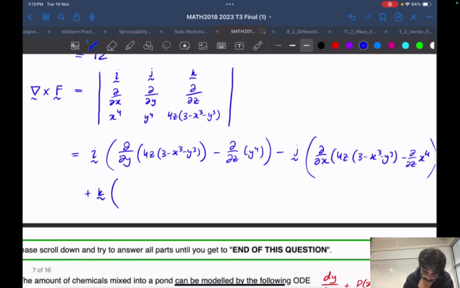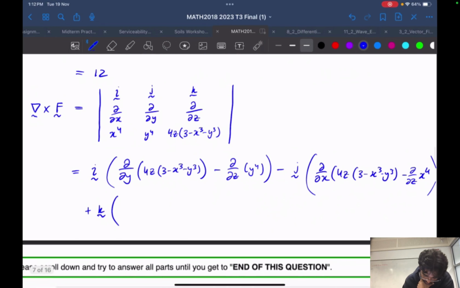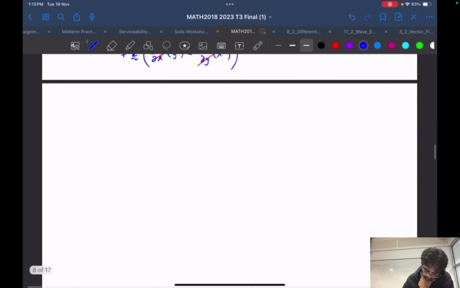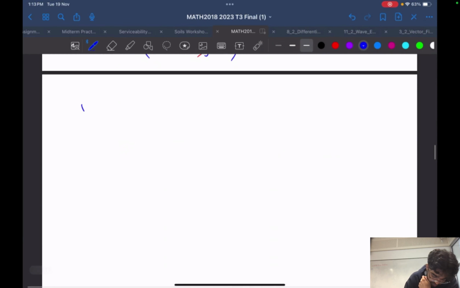So you just get delta on delta x of y to the 4 minus delta on delta y of x to the 4. Okay, so a few things become 0, 0, 0, 0, and 0.